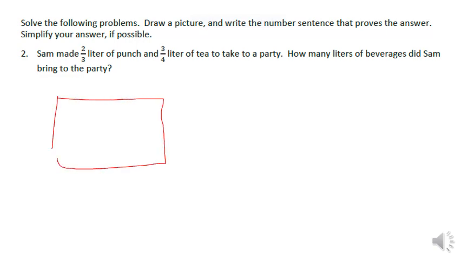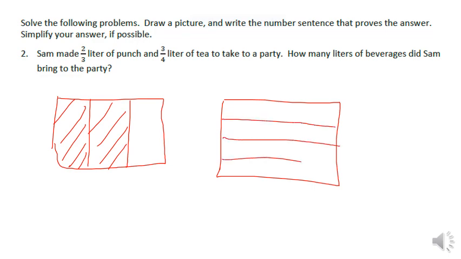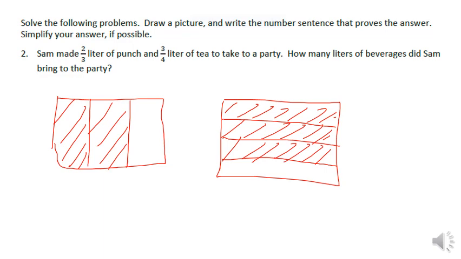So here is our 2/3. We're going to go ahead and model 2/3. And over here we're going to do 3/4. Now we're going to come over, we're going to do our fourths here.